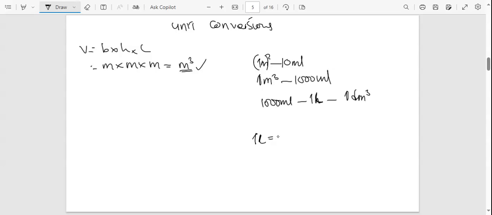So 1 liter will actually be 0.001 meter cubed. So master this. In short, wherever there's 1 liter, you can also put 10 to the power -3 meter cubed. We'll use this at some point, so make sure that you understand this. All right, so that's about volume conversions.